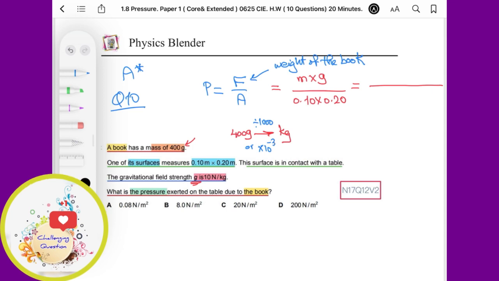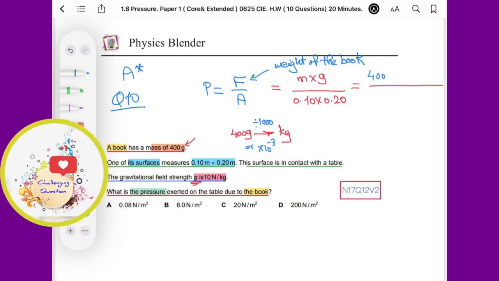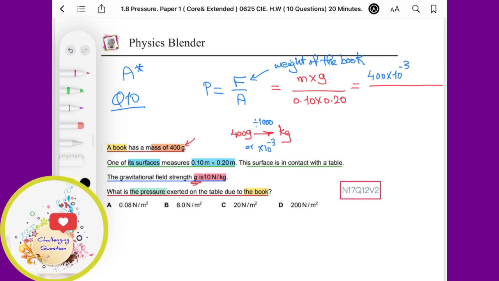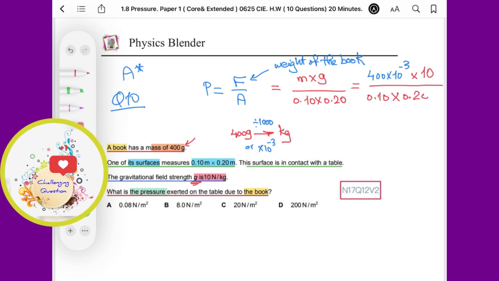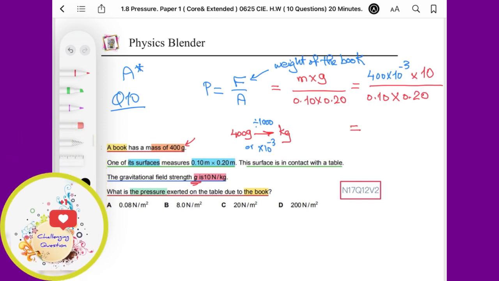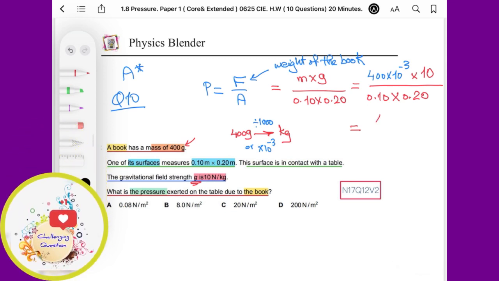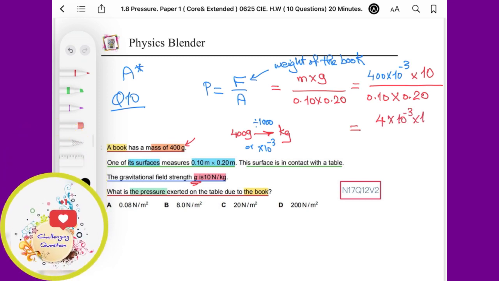I prefer you use scientific notation. It will be easier. So 400 times 10 to the power negative 3 and g is 10, over 0.10 times 0.20. If you simplify, you will find that 400 times 10 to the power negative 3 times 10 will be 4 times 10 to the power negative 3 times 10 to the power of 3.